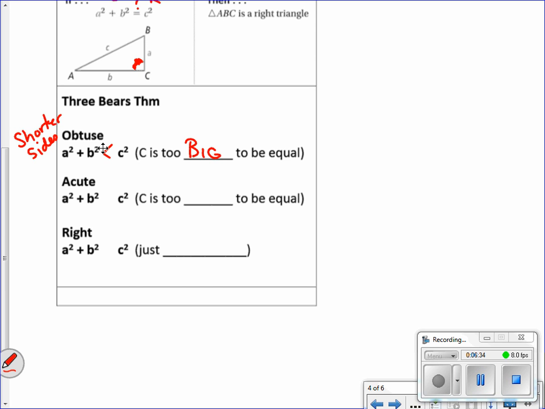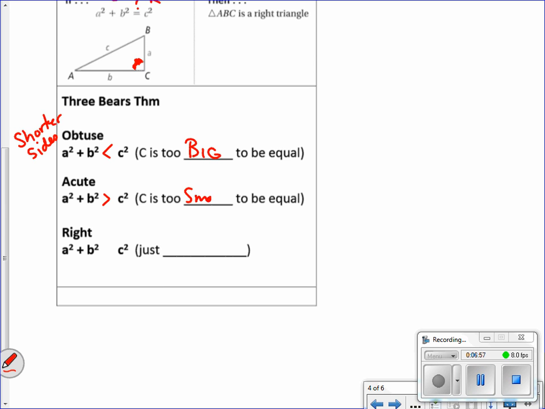And likewise with the acute, it basically is this. If I take the two shorter sides and I square them and add them together, and I find out that those two, when added together, are greater than the third, largest side squared, then the c squared is too small.